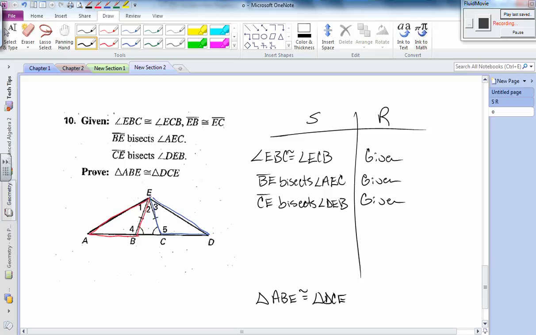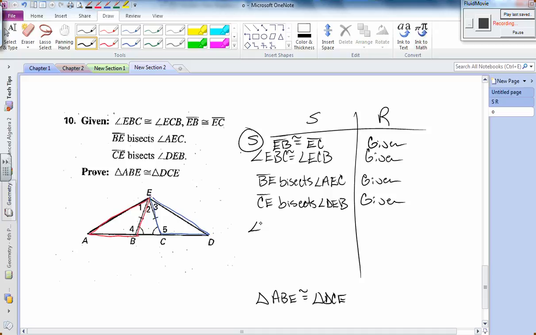Okay, now again, right now we have one side. I forgot to write that down. Sorry. It's line segment EB is congruent to line segment EC. Also given. So right now we have a side. So that's all we have. But what we do know is that BE bisects angle AEC.